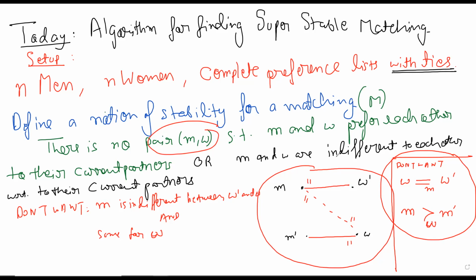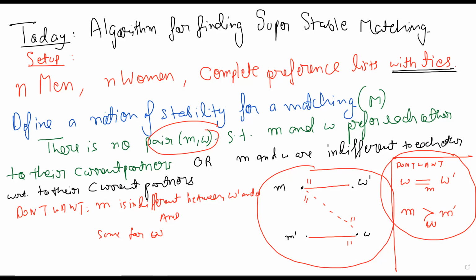It's a very harsh condition in the sense that for such a matching to be stable, a lot of conditions have to be satisfied, right? There should not be any blocking pair in even the vaguest sense of blocking pair. That is the idea. So now we have three different kinds of blocking pairs.